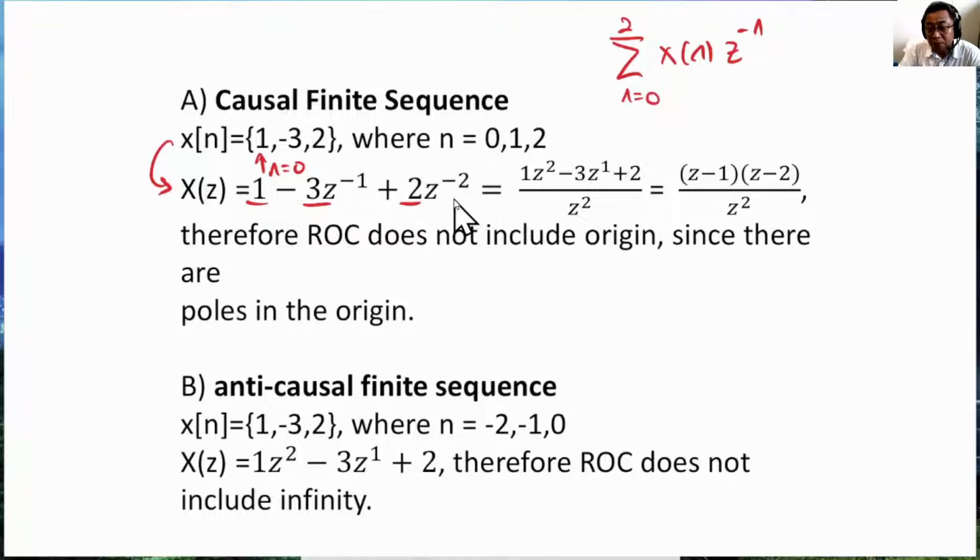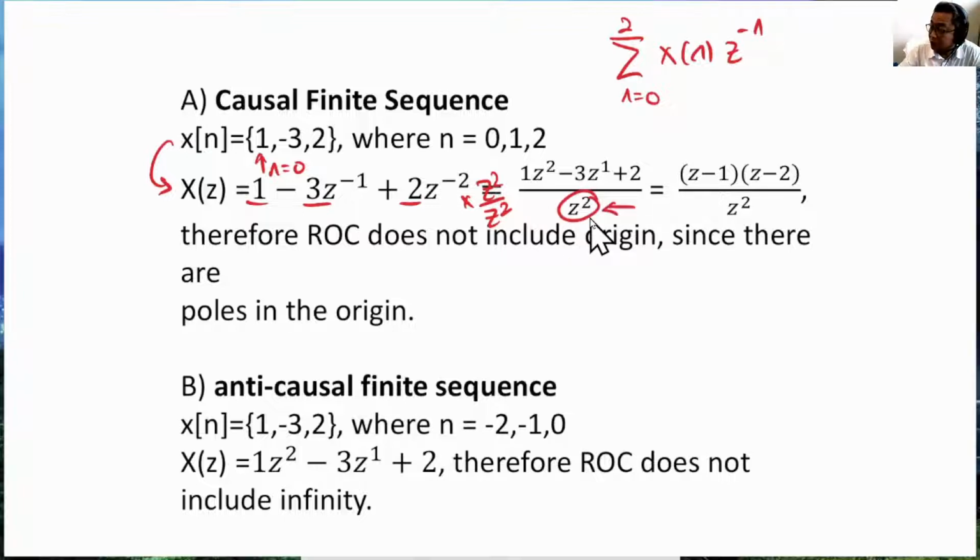To find poles and zeros, we prefer positive powers of z. So what do we do? We multiply the top and bottom by z squared, such that we have the numerator as positive powers of z. So it's z squared minus 3z plus 2 on the top and z squared at the bottom.